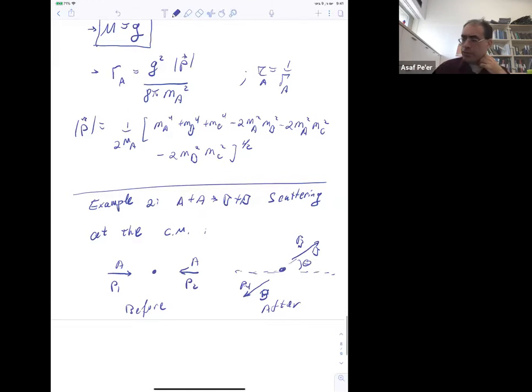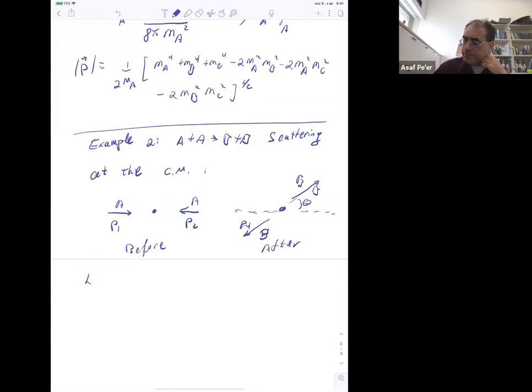So the lowest order contribution, you already plotted it. Well, this comes from the T-channel diagram that we had previously.